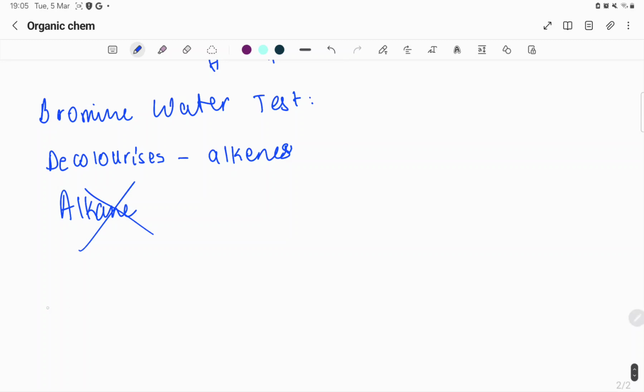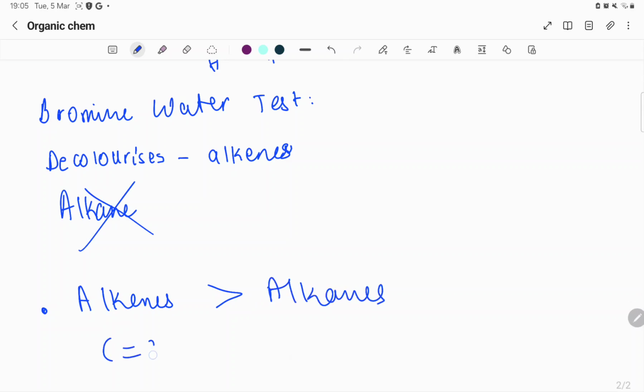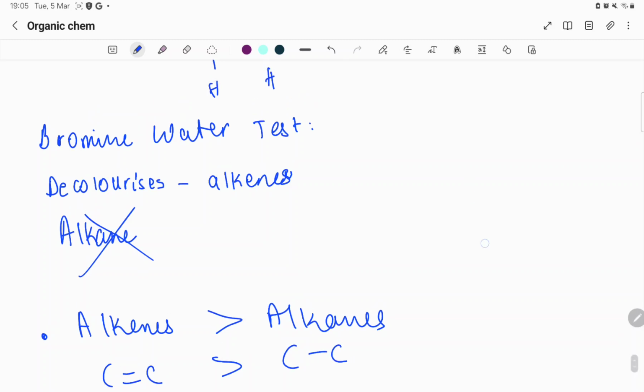Last piece of information really quickly. Alkenes are more reactive than alkanes because the double bond is obviously stronger than the single bond. So alkenes are more reactive than alkanes.